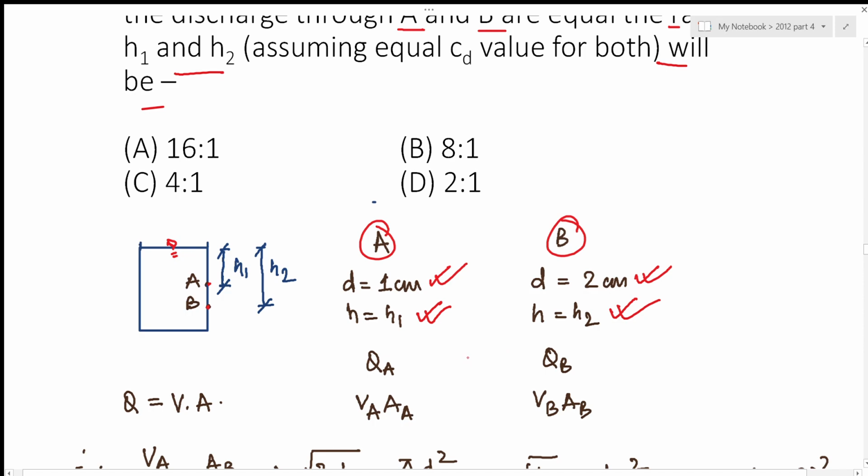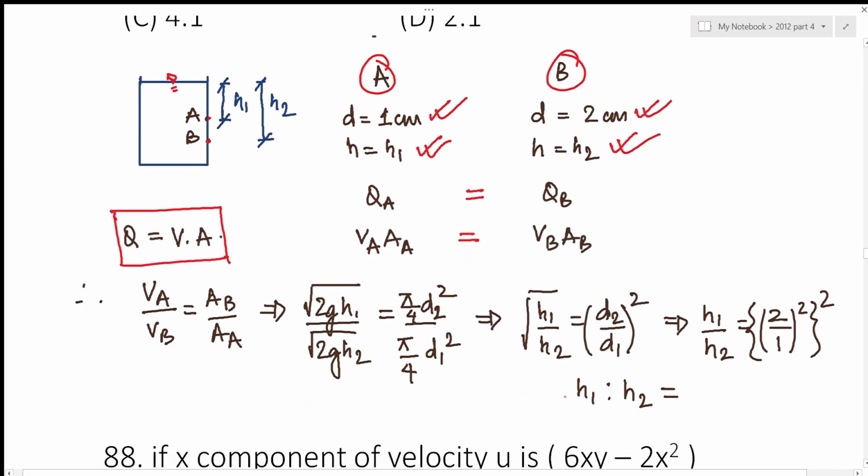Now the discharges are equal, which is already given in the question. You know discharge is equal to velocity times area, so this will also be equal in both cases. So we equate it like this: VA by VB is equal to AB by AA, where V is the velocity and A is the area of the orifice. Now we replace the velocity by root 2gh in each case, and the area by pi by 4 d square respectively.